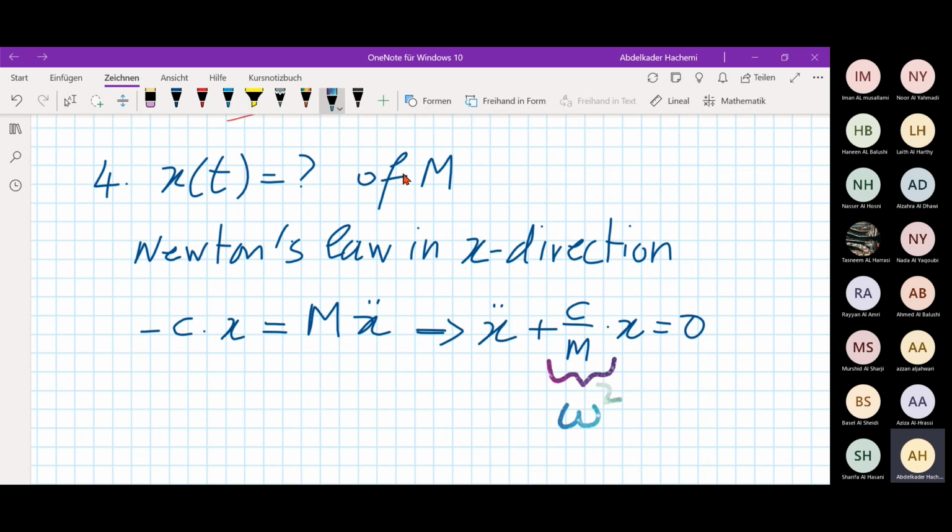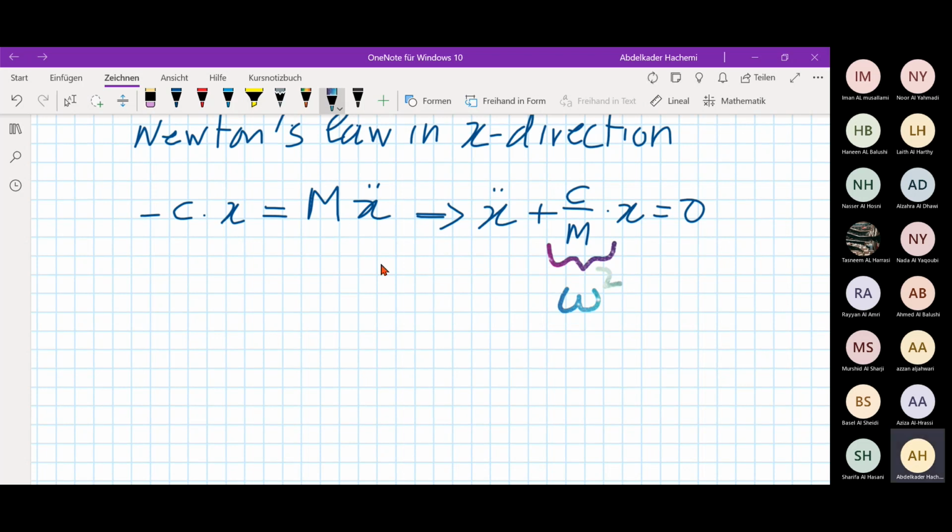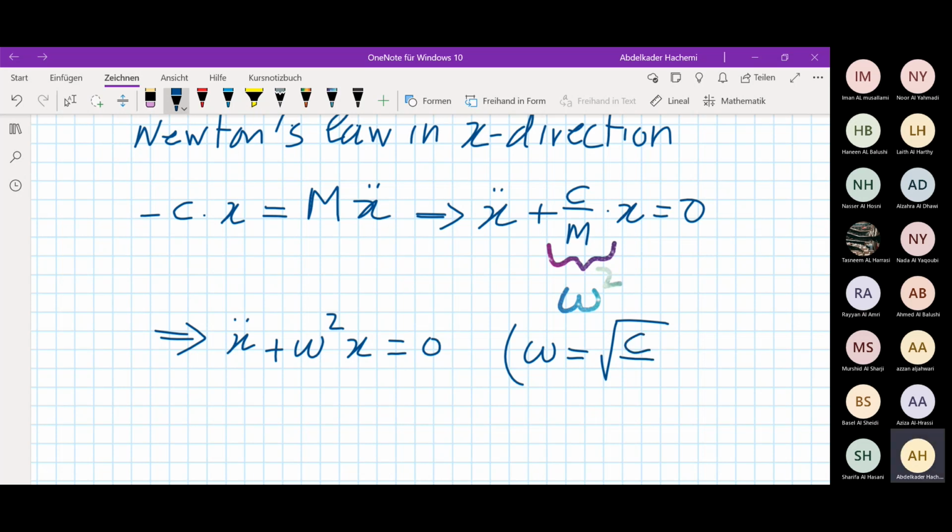Then we have x dot dot plus omega square x equal to 0, where omega is the square root of c divided by m.